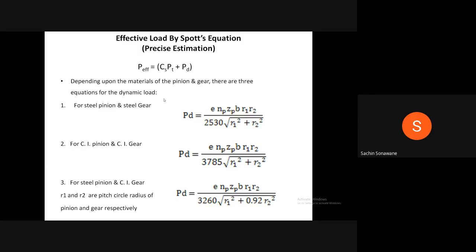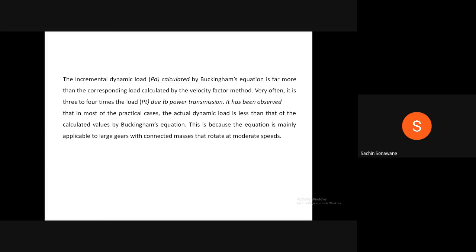Next, the incremental dynamic load PD calculated by Buckingham's equation is far more than the corresponding load calculated by the velocity factor method. Very often, it is 3 to 4 times the tangential load due to power transmission.